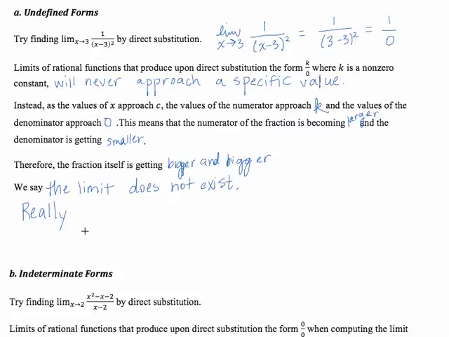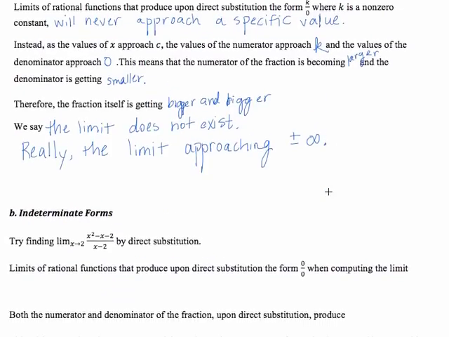Now it could be positive or it could be negative. So what most people say is the limit is approaching either positive or negative infinity, which you can find out which it's approaching either graphically or numerically, right? It's pretty easy to tell if the function's going up or down.